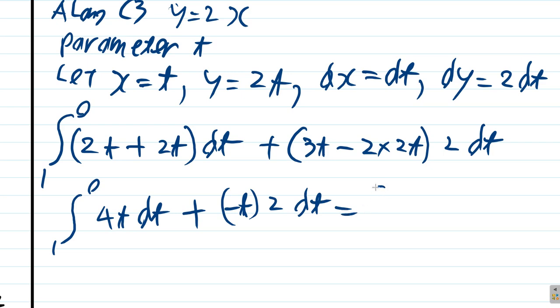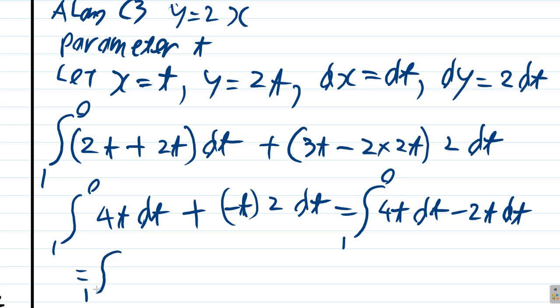So we have the integral from 1 to 0 of 4t dt minus 2t dt, which would be 2t dt.